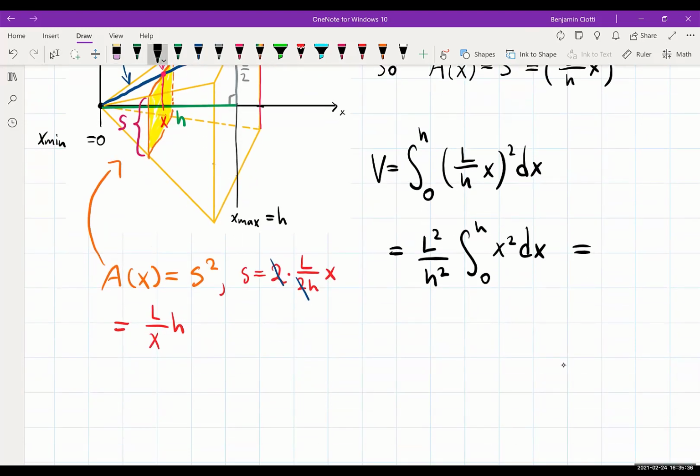We get L squared over h squared, 1/3 h cubed, or 1/3 of L squared times h.